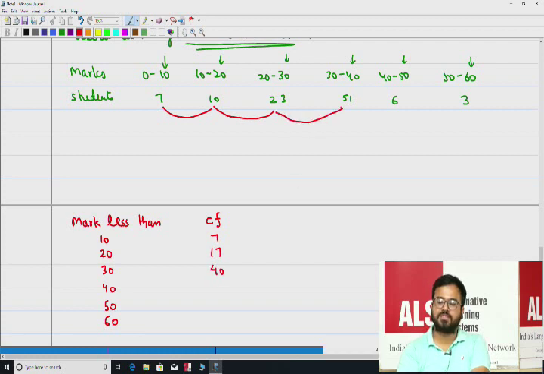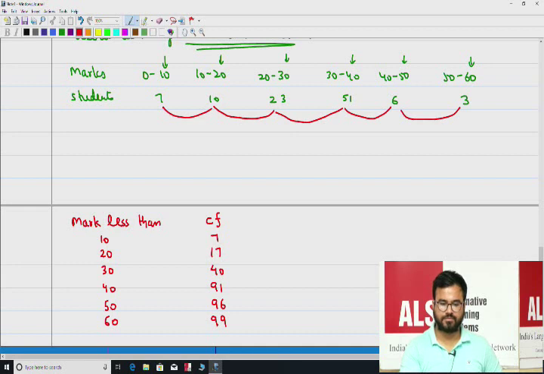Less than 40 means adding 51 to this one, so 40 plus 51 is 91. Then 91 plus 6, that would be 97, sorry. And 97 plus 3, that would be 100. This is the cumulative frequency which we have drawn of the less than type.